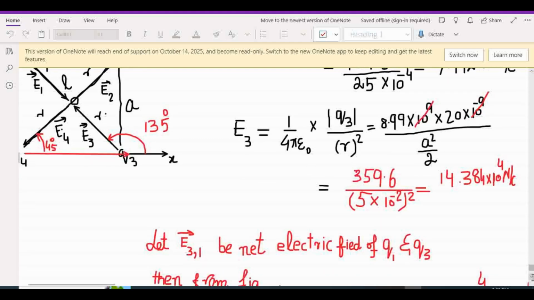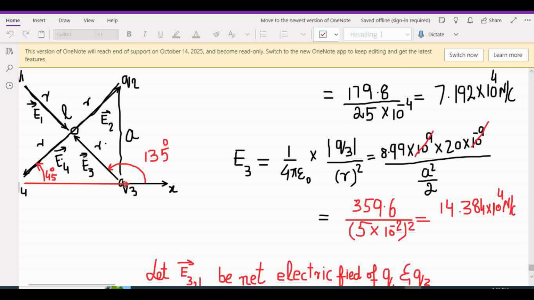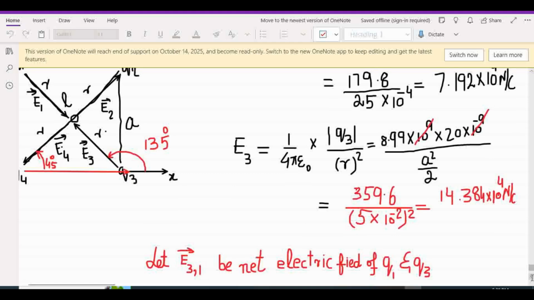Now let's suppose that E3,1 is the net electric field of Q1 and Q3. Look here, E1 is towards the center and E3 also towards the center, but they are in opposite direction, so they will cancel each other. Therefore the magnitude of E31 can be calculated by subtracting the magnitude of E1 from E3.